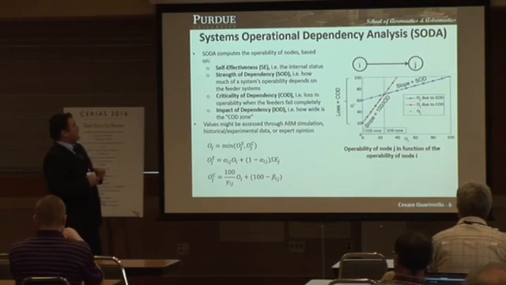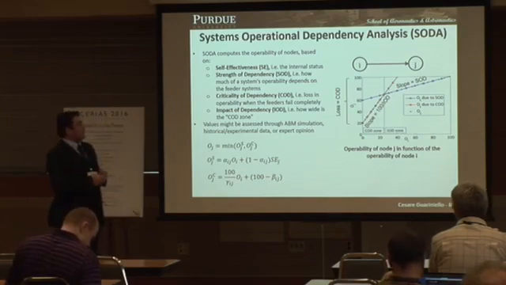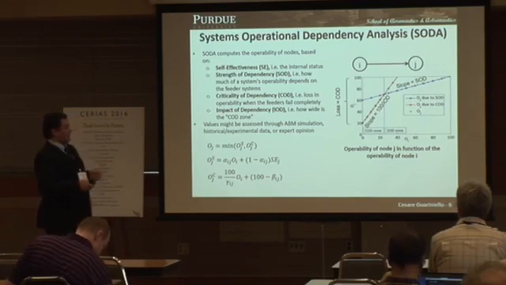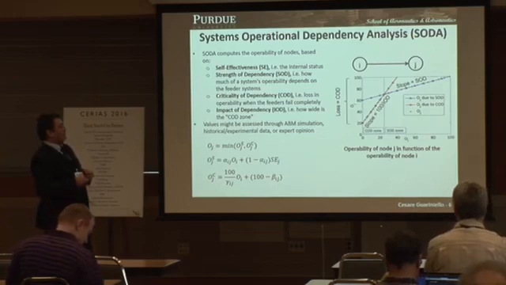Based on this internal status, we go and see what the output is. So based on the operability of system I, we're going to see how the operability of system J behaves. Of course, system J has its own internal status, but part of its final output will depend on what system I is passing in. Long story short, we have this piecewise linear input-output behavior. That's the minimum of these two curves. So we identify that most systems can be modeled with an area that we call the SOD zone.